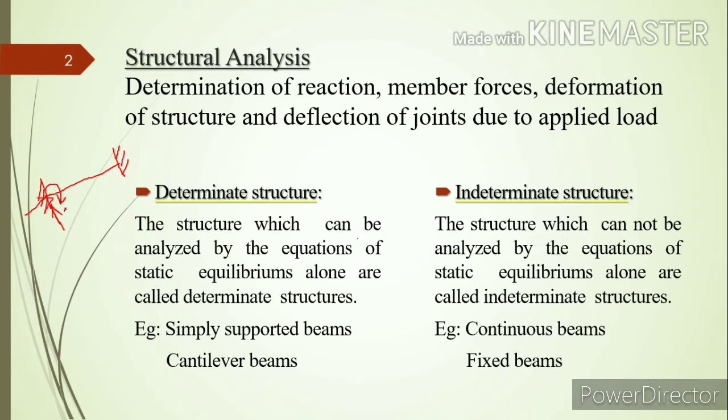So the total number of unknown reactions at each end is 3. Here the degree of static indeterminacy is the total number of unknown reactions, 6, minus the number of equations of equilibrium, 3. So 6 minus 3 is equal to 3. Here the degree of static indeterminacy is not equal to 0, and such structures are called indeterminate structures.